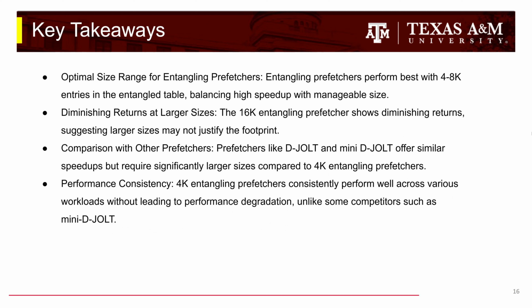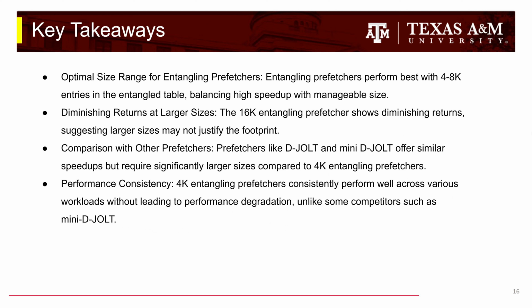Our project shows that the best setup for our prefetching technology uses between 4,000 and 8,000 entries in its system, which helps computers process information quickly without taking up too much space. When we tried using 16,000 entries, it didn't really improve things much, suggesting that bigger isn't always better.